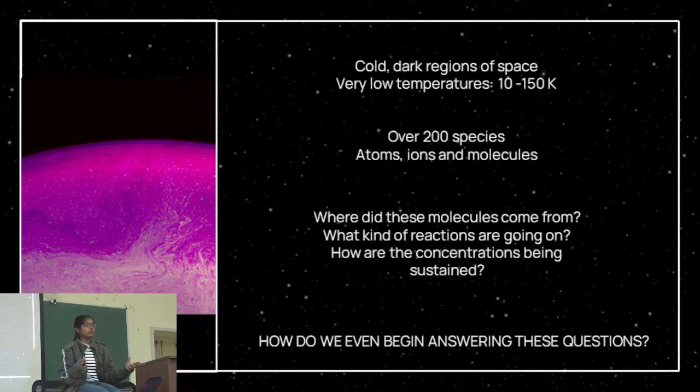To give you a better flavor, one of the questions that was actually addressed using this apparatus I'm going to talk about is the following. HCN and HNC, both isomers, are fairly abundant in molecular clouds especially. What is commonly observed is that HCN is more stable as an isomer, HNC is not.